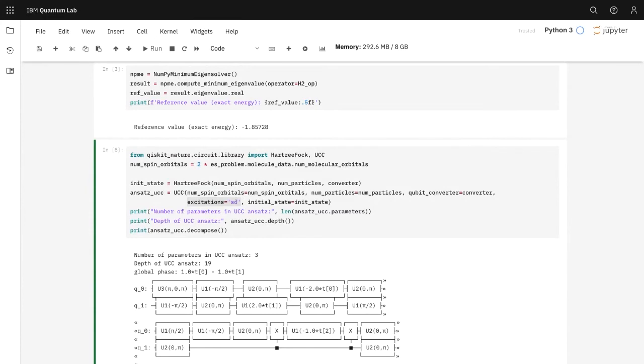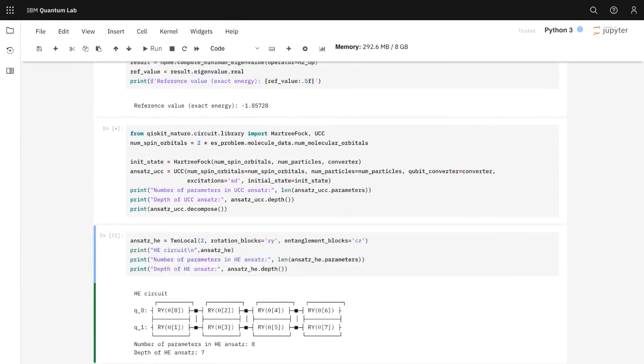But for larger molecules, some higher order excitations might be important. And we pass the initial state, the Hartree-Fock state. So let's see what it gives us.